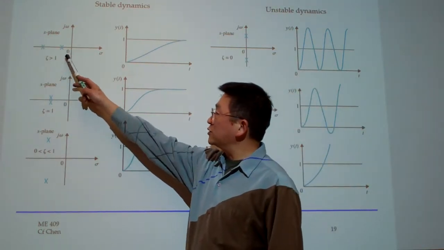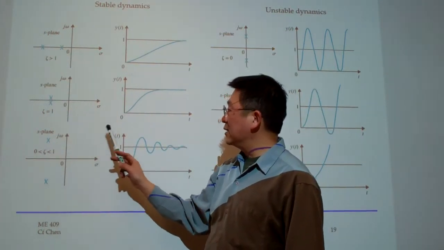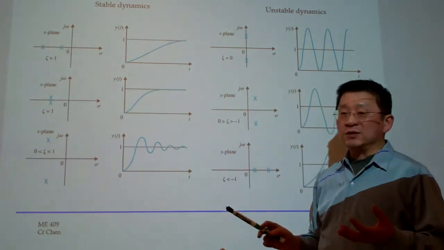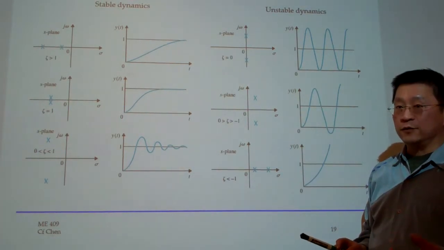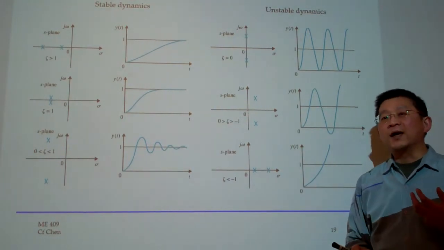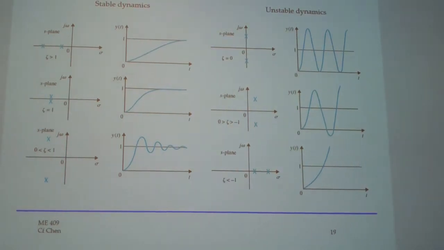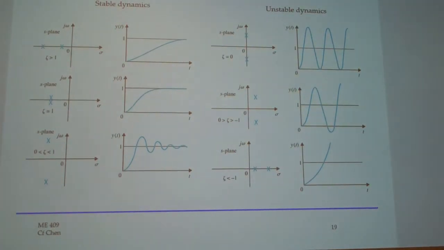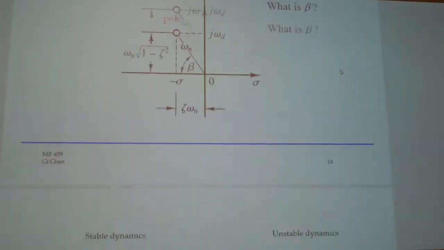As long as those poles are on the left hand side, they will be stable. Stable means eventually the system is going to converge to a certain value. And why is this? This can be explained by this.